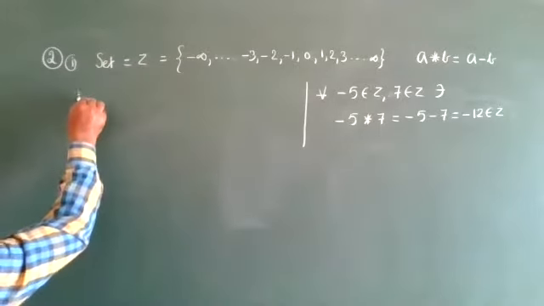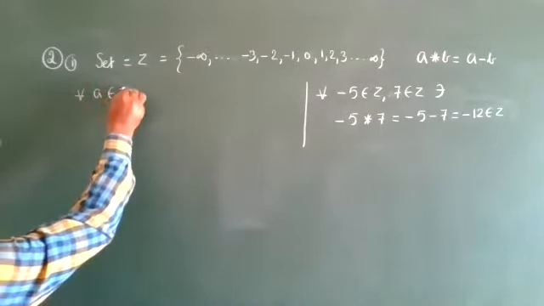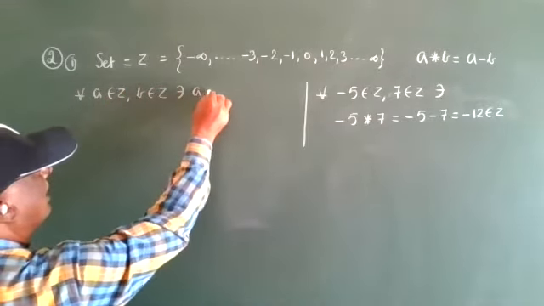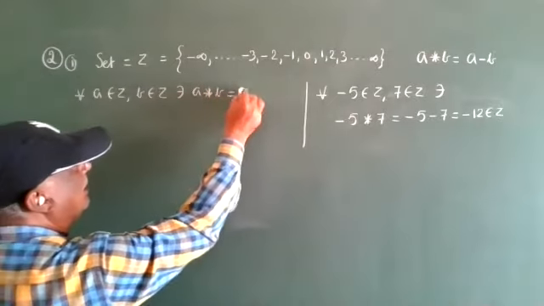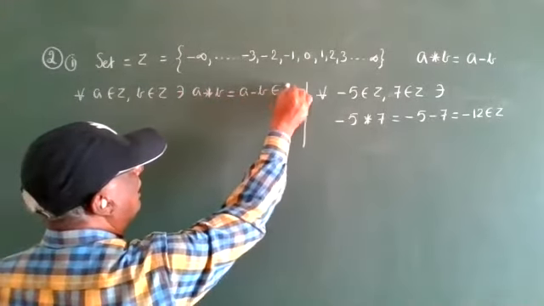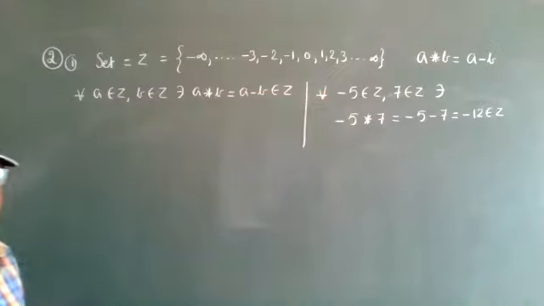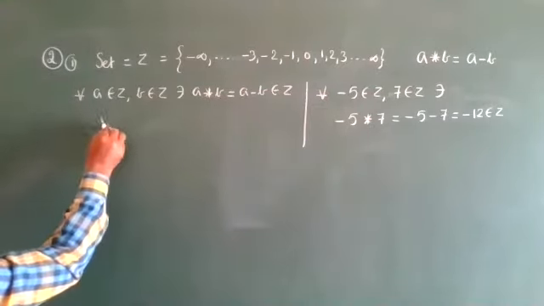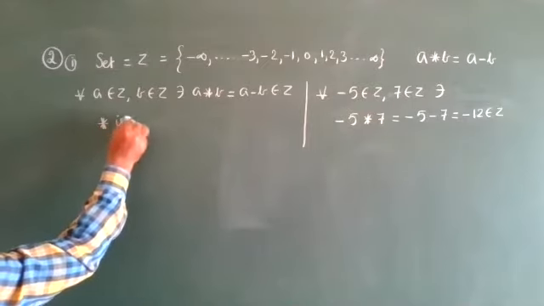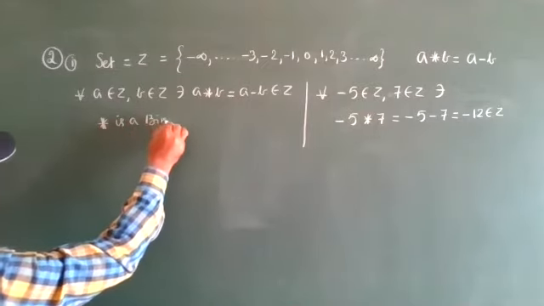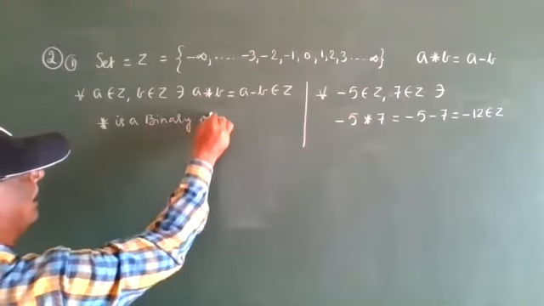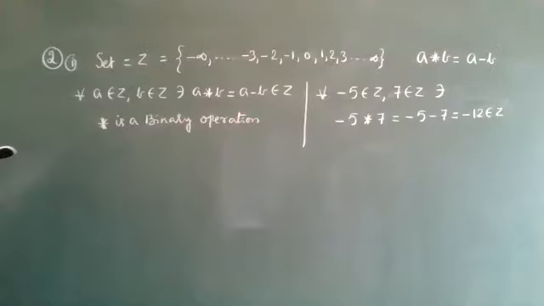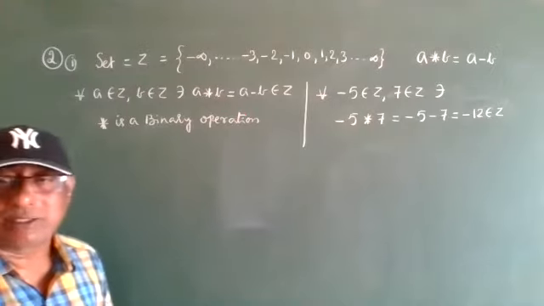Now write simply: for all A belongs to Z, B belongs to Z, such that A star B is equal to A minus B belonging to Z, by the example. Therefore, star is a binary operation. One is completed.